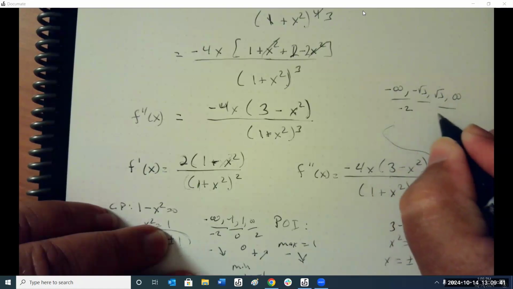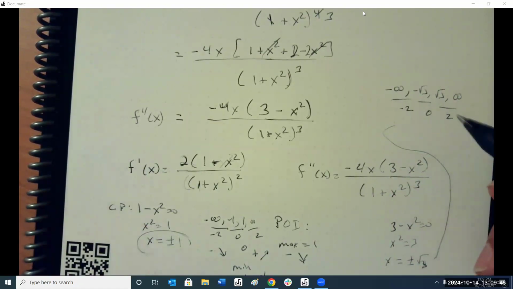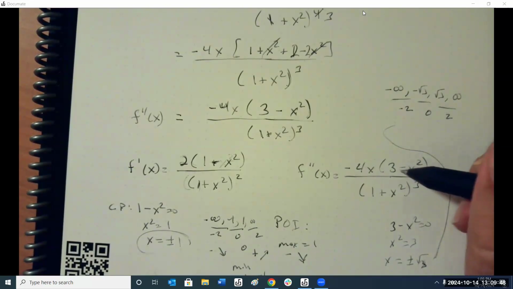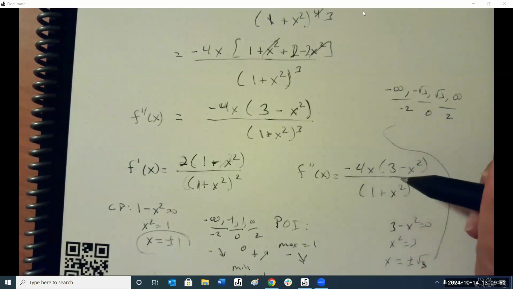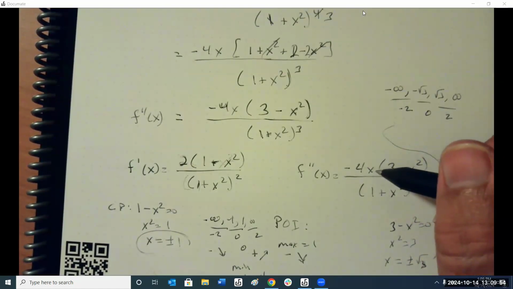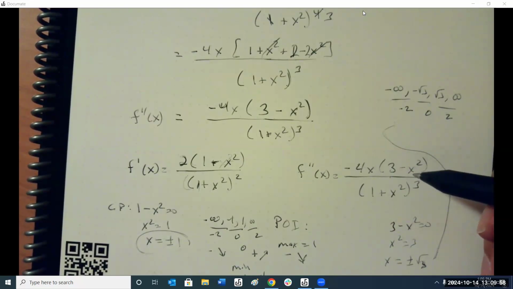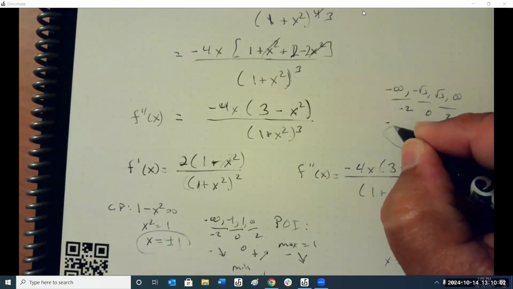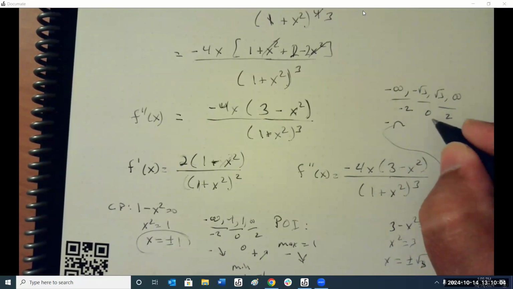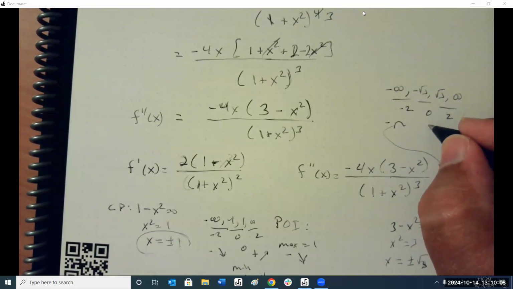So it's -2, 0, 2. So 3 minus 4 is -1. That makes it negative. So it's negative, so it's concave down. It's 0. It's 0.